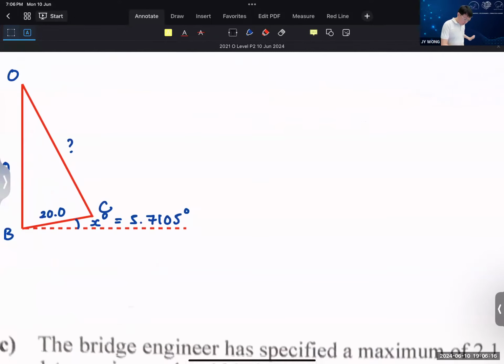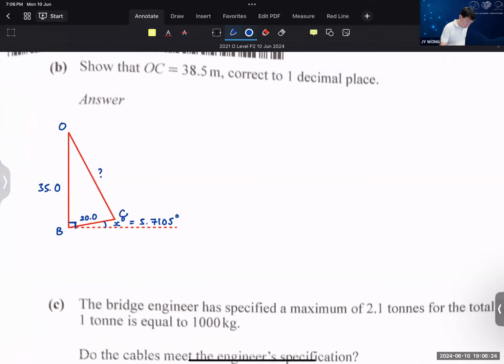You know that this is a perpendicular. So you can find the angle OBC. So angle OBC is equal to 90 degrees minus 5.7105 degrees, which will give you 84.2894 degrees.